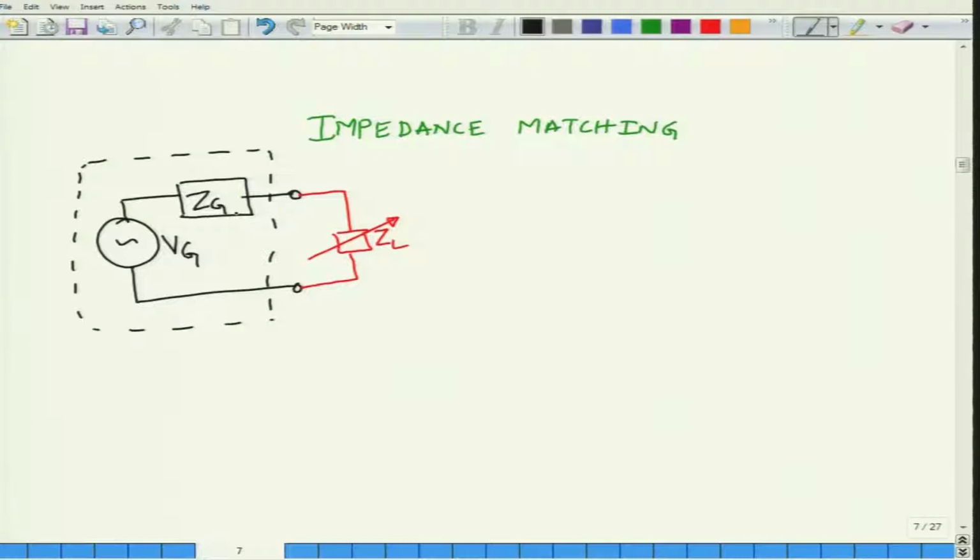Please remember that this model which I have put inside these dotted lines is something of an idealization. Based on our measurements at the output terminals of the source, one possible way in which the source can be modeled is to have some source amplitude and an internal impedance Zg. Of course, if you had access to Zg, you could have had access to the power dissipated across Zg, which you do not have.